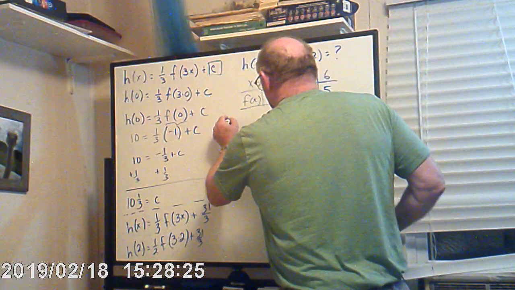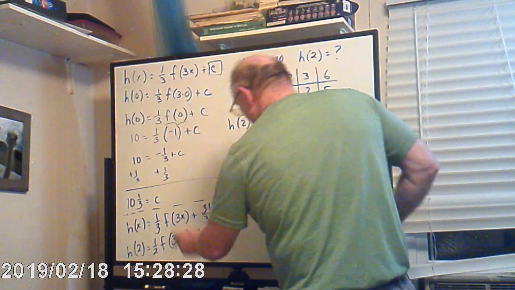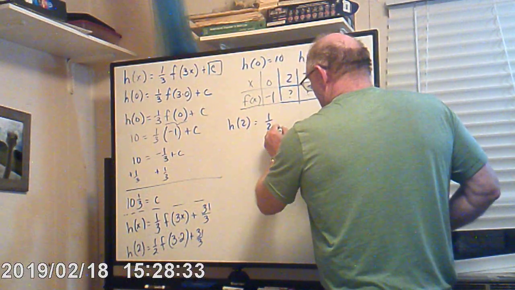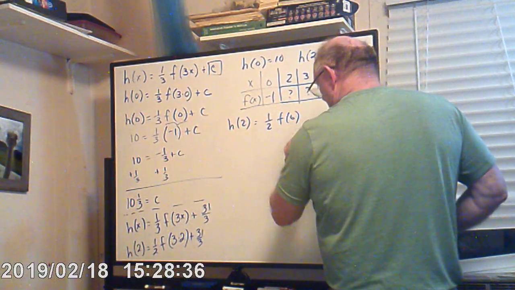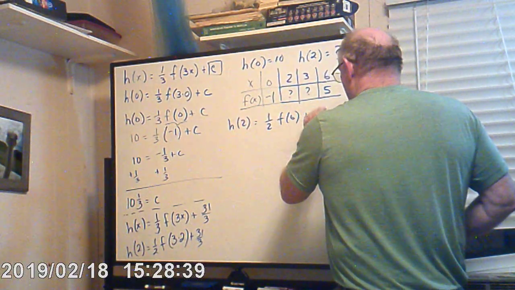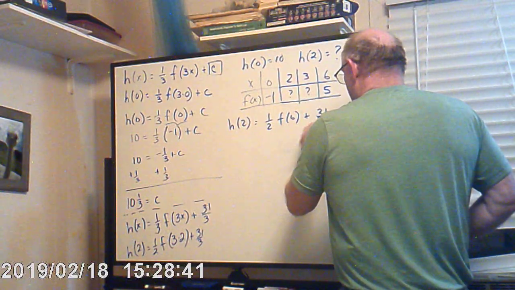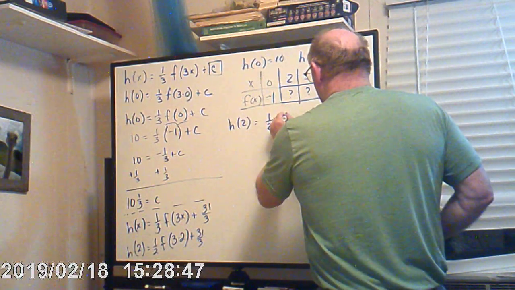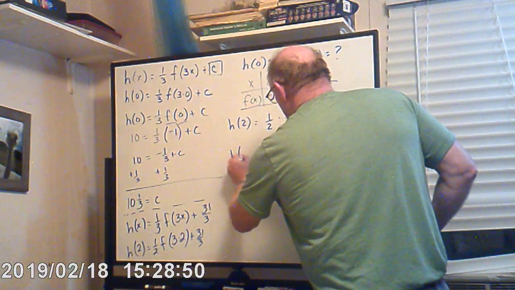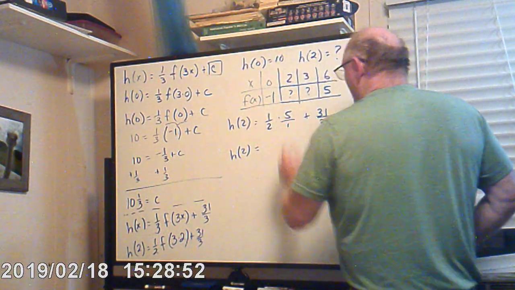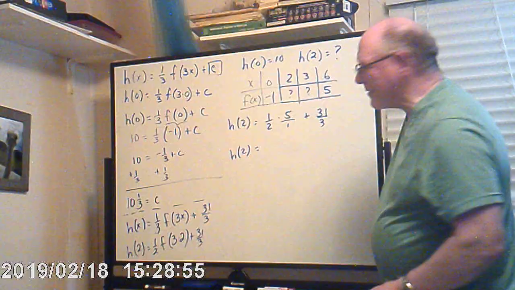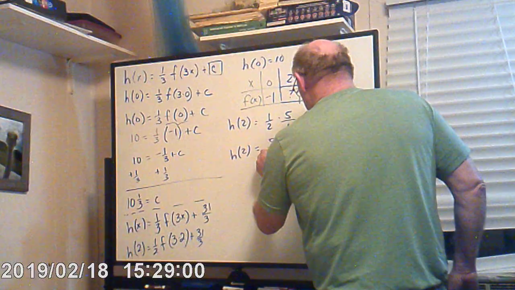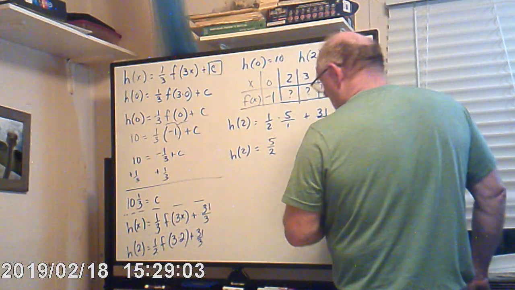So h of 2 is what we're looking for. Keep in mind what we're looking for. 1/3 f of 6 plus 31 over 3. Real nice, because this is f of 6, which is 5, times 5. So h of 2, 5 times a third. See how I put that 1 under the 5? So 5 times 1 is 5, 3 times 1 is 3, so 5 thirds.